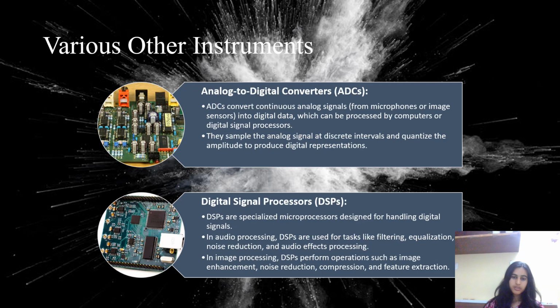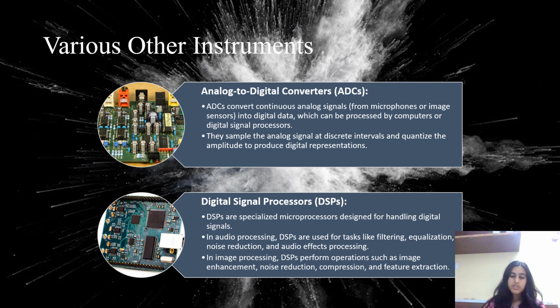Here are some other instruments common for both technologies, which we have also seen in our lab experiments. First one is the analog to digital converter, ADCs. As the name suggests, it converts the analog signal to digital signals, which can further be processed by microprocessors or computers. Next is digital signal processors, DSPs.